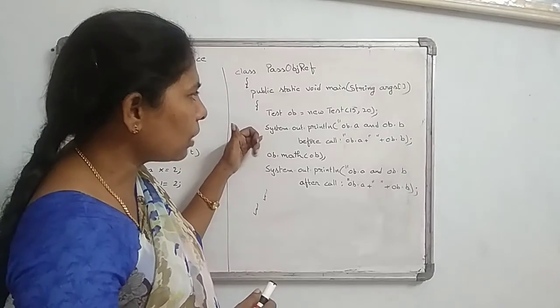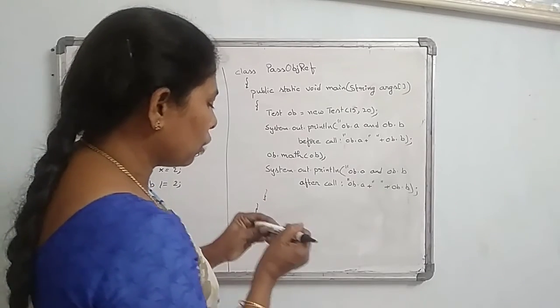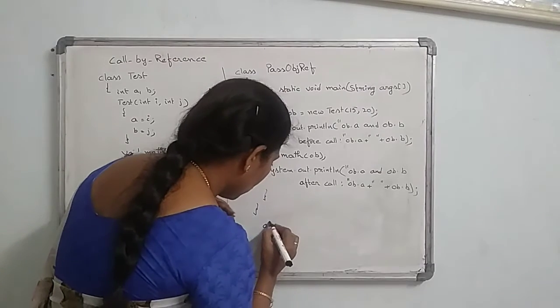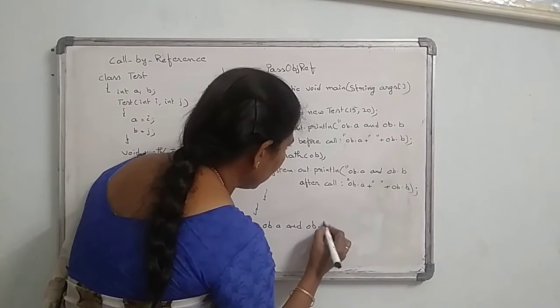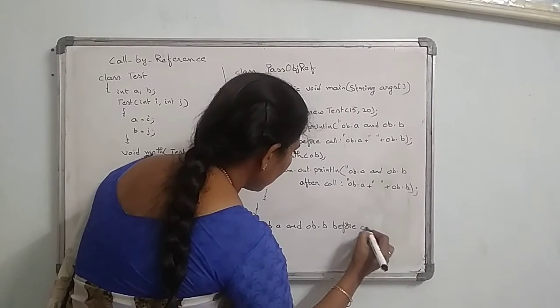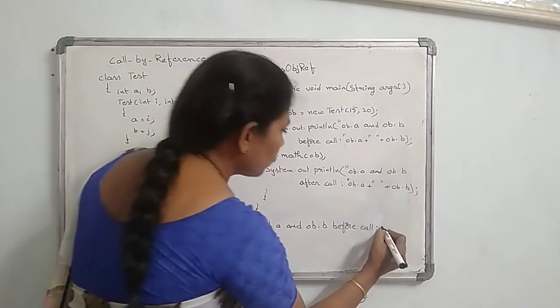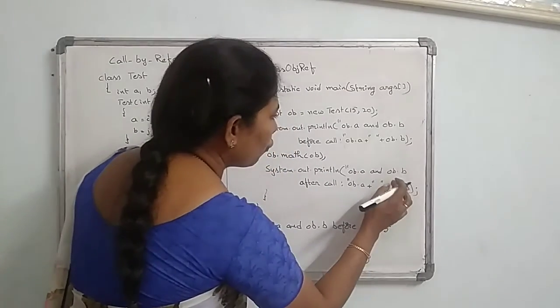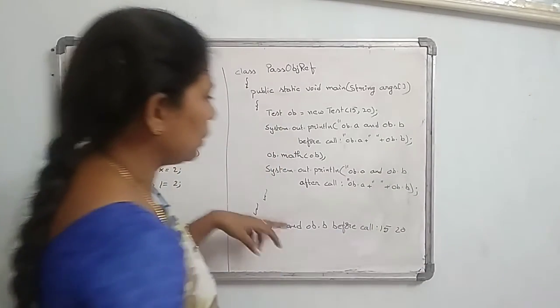That means I am not calling any method yet. So before call, ob.a means the a value is 15 and ob.b means the b value is 20. So the values will be printed.